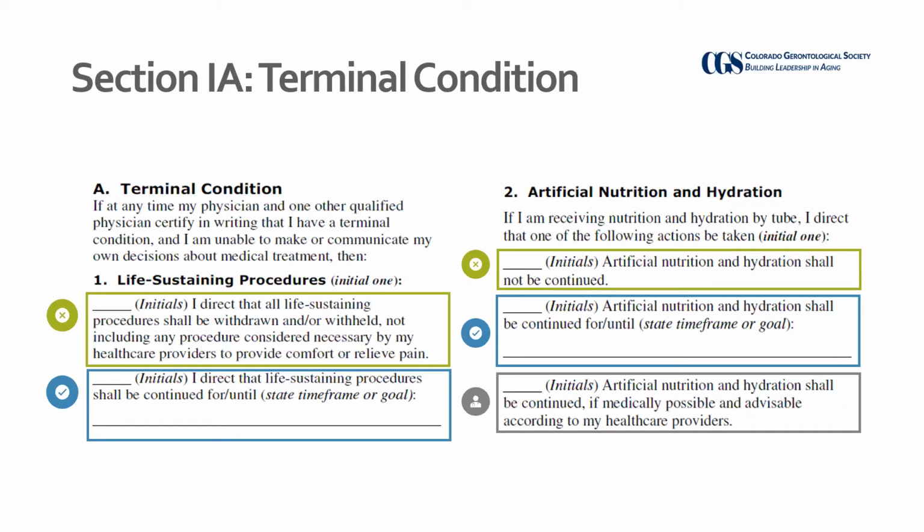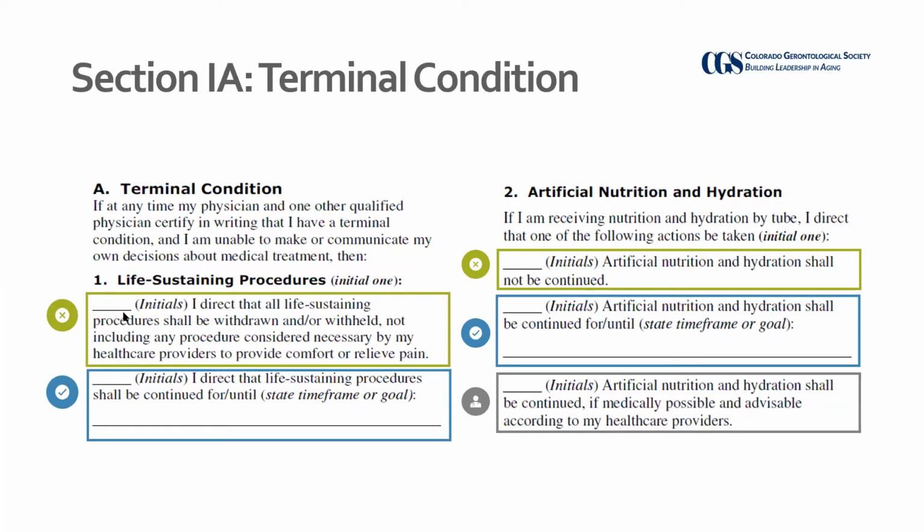So the first question under a terminal condition. So if you were to have a terminal condition, and you're at end of life, do you want life-sustaining procedures? You're only able to initial one of the options, and you could say no by putting your initials.